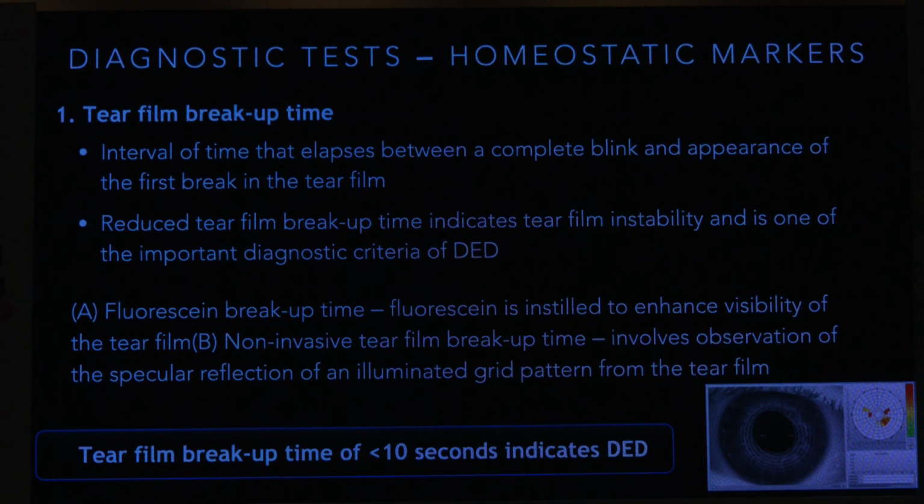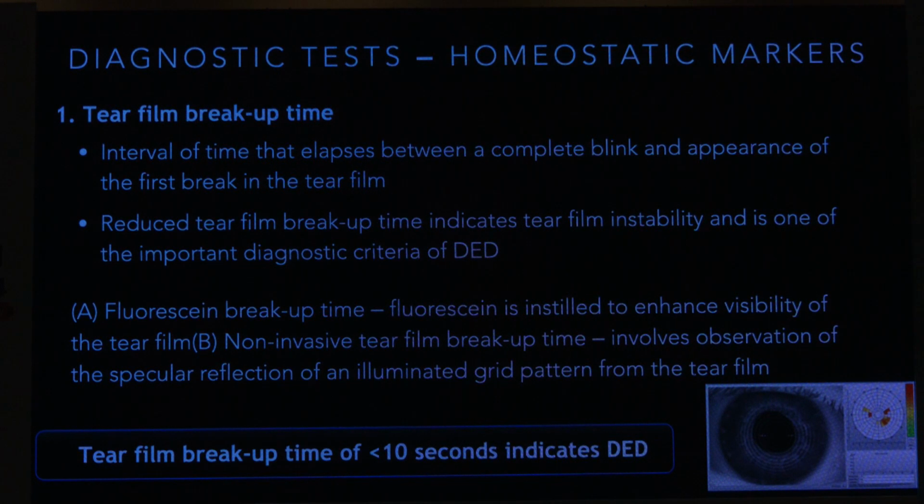Next, coming to the diagnostic tests, which are also called the homeostatic markers. Tear film breakup time, I think, is the most valuable test that you can do. If you don't do any other test, this is one test which will very easily differentiate evaporative dry eye. If your tear film breakup time is low, you know you're looking at an evaporative scenario.